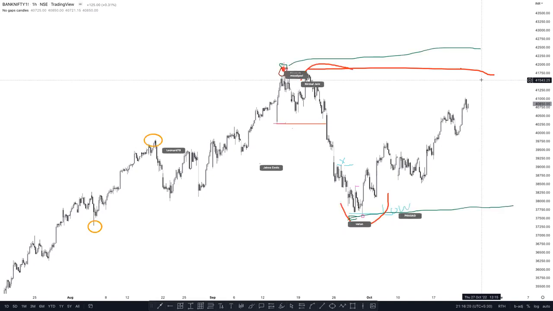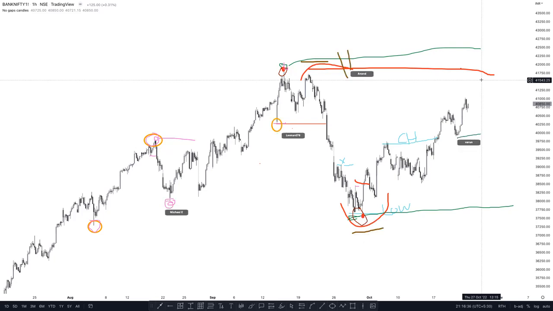And this one is H1, sorry, not M15. Perfect, and refine again.